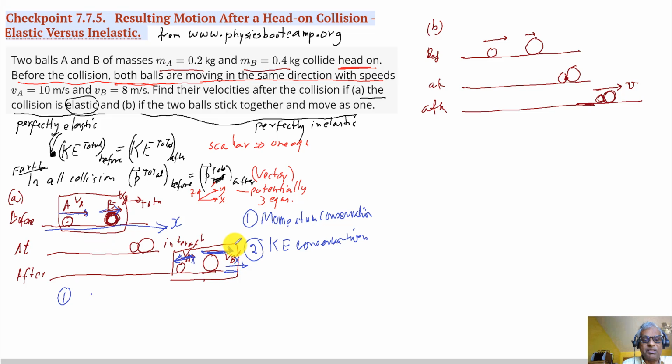So, because we need the after, P total X after equals P total X before.